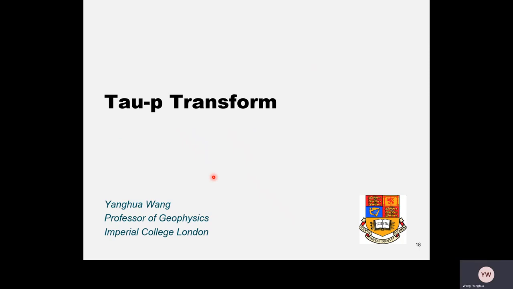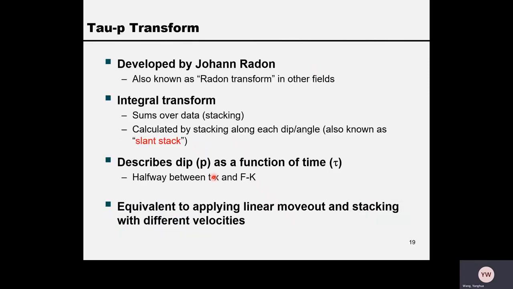Tau p transform in other fields is called the radon transform. The radon transform was invented by this gentleman, Johann Radon, an Austrian scientist.